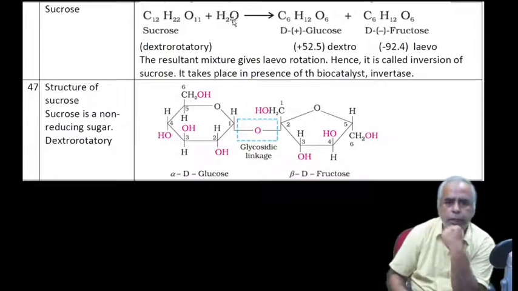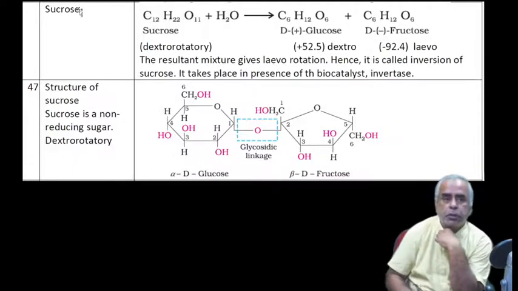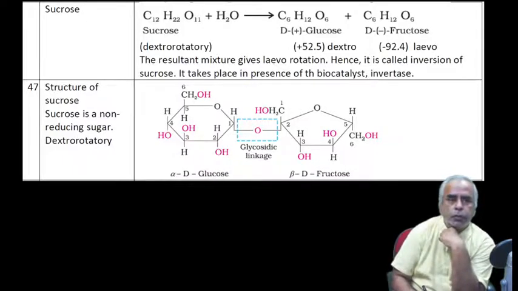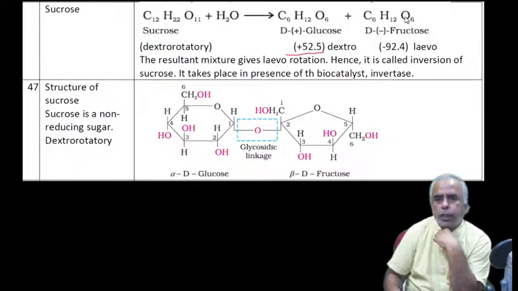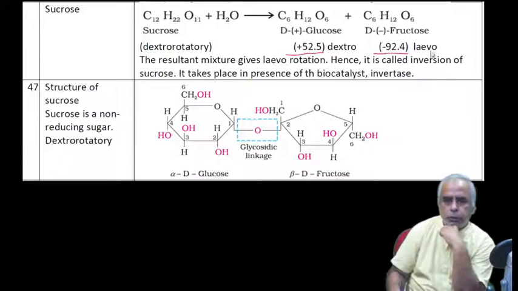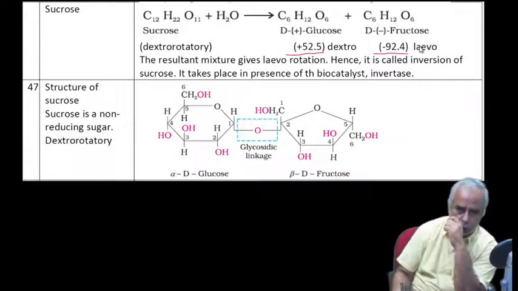So when it is hydrolyzed, we are able to get D plus glucose with the optical rotation plus 52.5, whereas for fructose it is minus 92.4. So it is levo. So this is D plus glucose, this is D minus fructose.